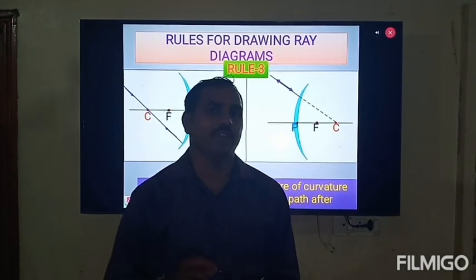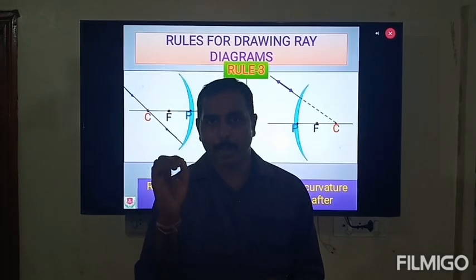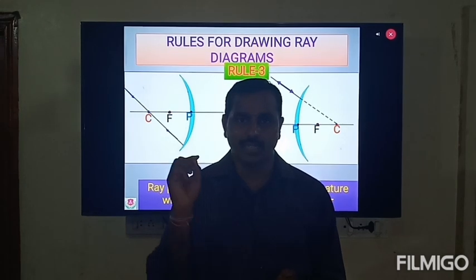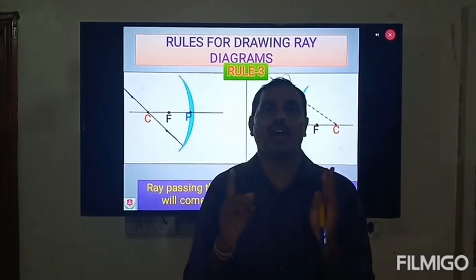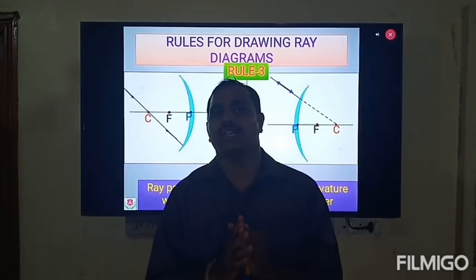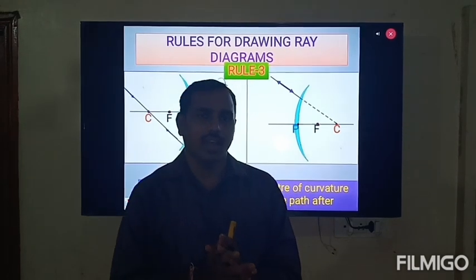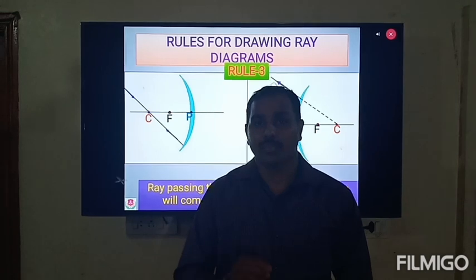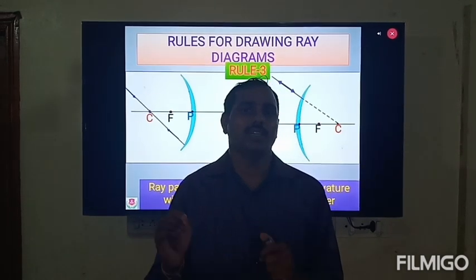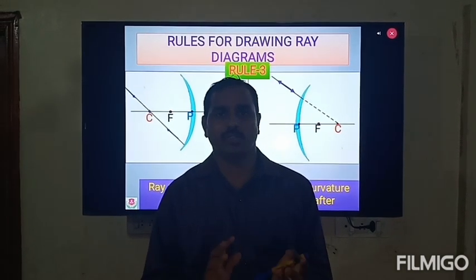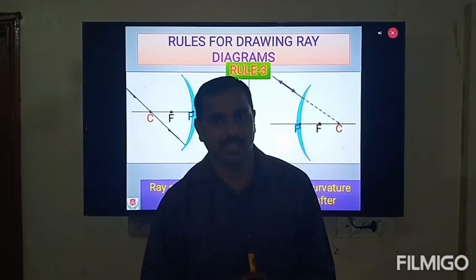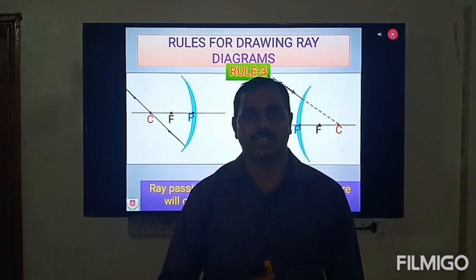Actually, the center of curvature is the converging or intersecting point of all normals drawn to the surface. In the context of convex mirror, it is the apparent intersecting point, and it is behind the mirror, which is the center of curvature.